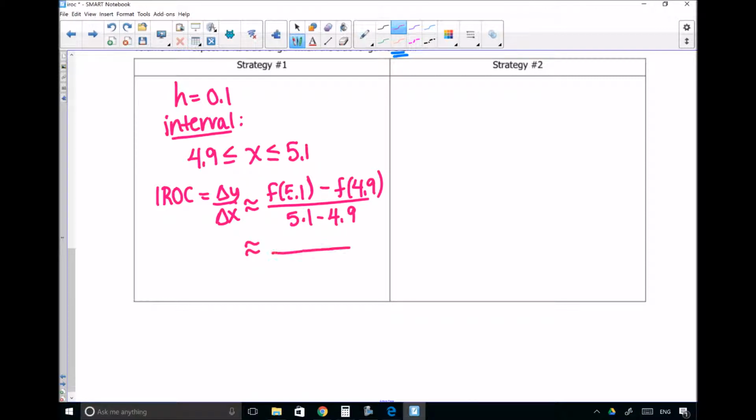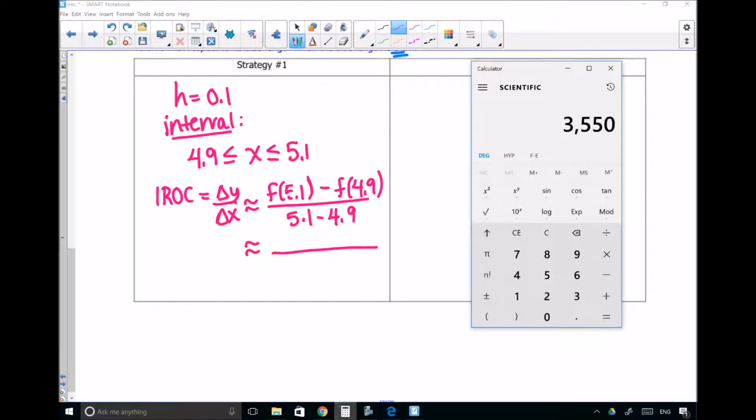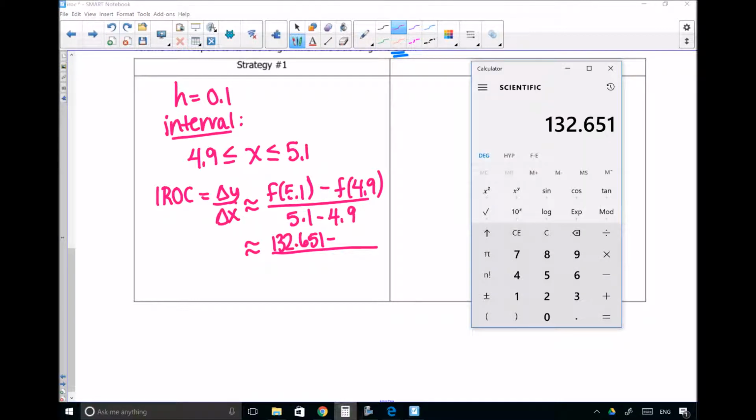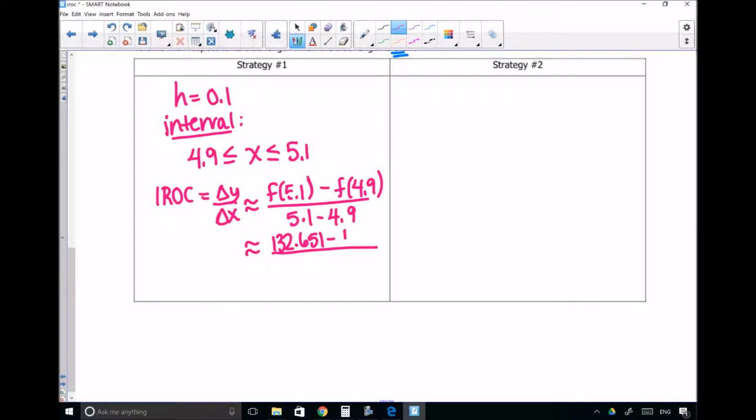So that's approximately equal to, let's go ahead and calculate this, 5.1 raised to the power of 3 is 132.651, and then 4.9 to the power of 3 is 117.649, and that's going to be over 5.1 minus 4.9.